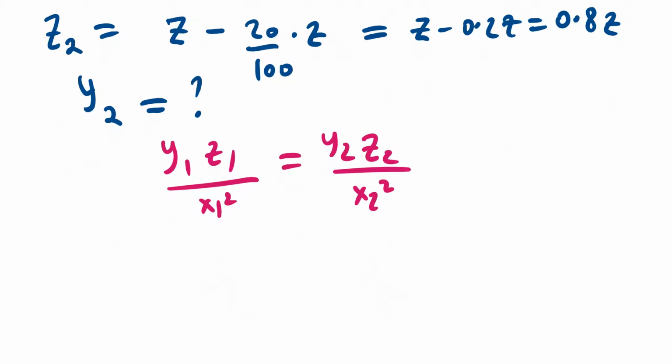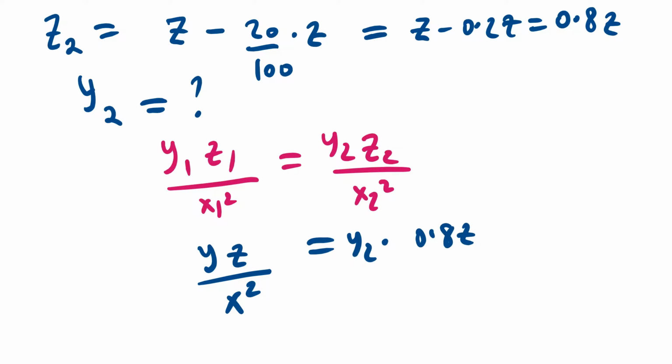Now we are going to plug in the values. So y1 is y, z1 is z, and x1 is x squared, equals y2 times 0.8z divided by 1.1x squared.